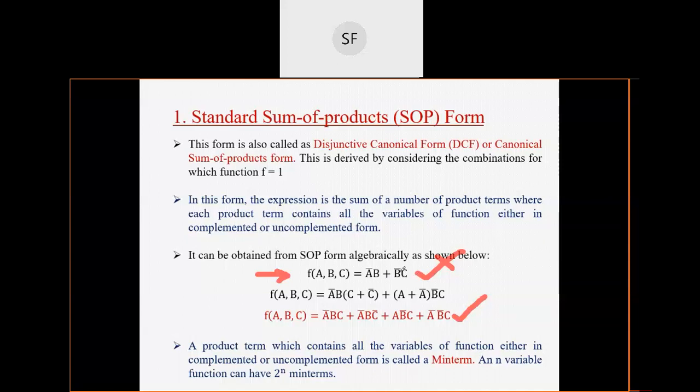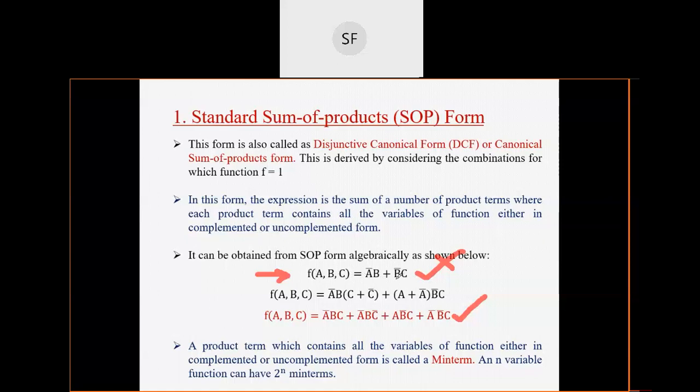Now what is the difference between this representation and this representation? In this representation, how many variables are there? So this function is nothing but the function of three variables, a, b and c, right?